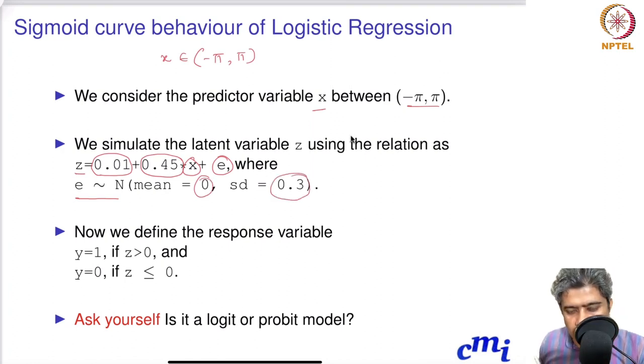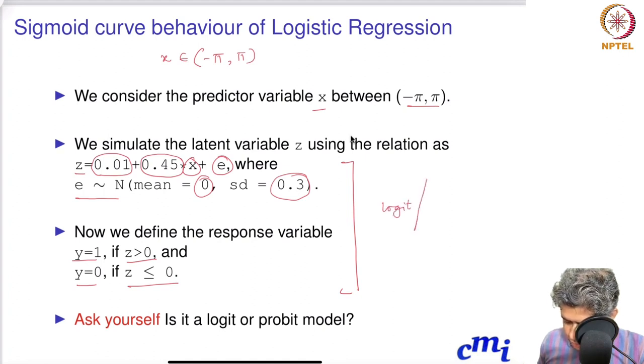Now we define a response variable y equal to 1 if z is strictly greater than 0 and y equal to 0 if z is strictly less than 0. Now pause the video for 5 minutes and ask yourself, is this model a logit model or probit model?